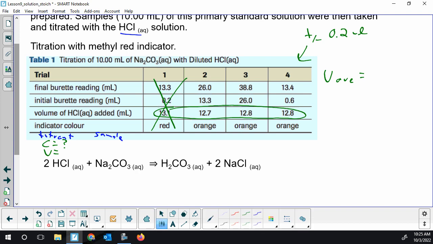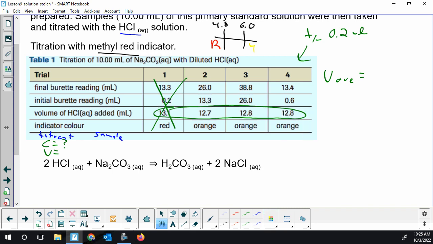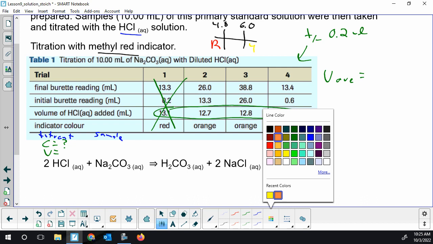If you think from an indicator perspective with methyl red, methyl red changes around 4.86, and its colors are red to yellow, and then the middle would be orange.